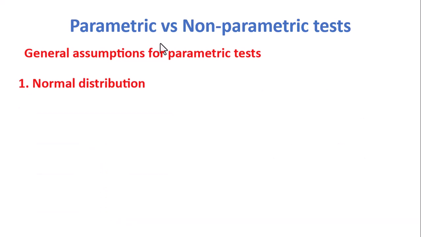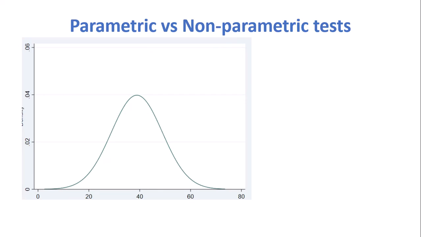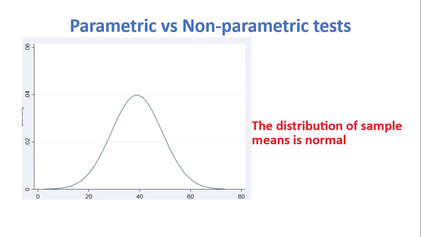The core element in a normality test is the assumption that the distribution of the sample mean is normal. That means that the sampling distribution of the mean is normal. We could also, in other words, say that the distribution of the means across samples is normal.